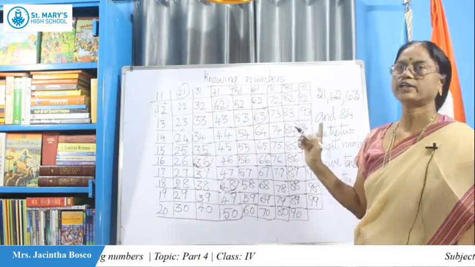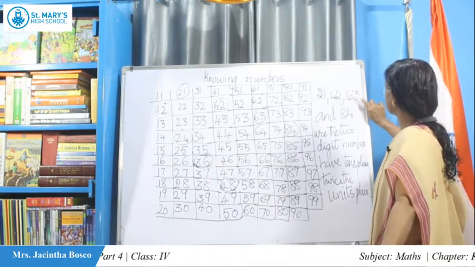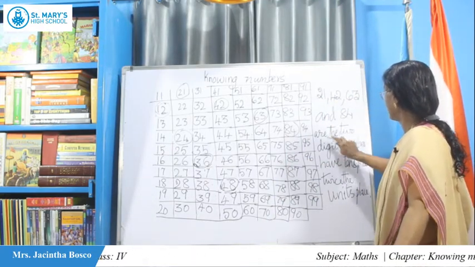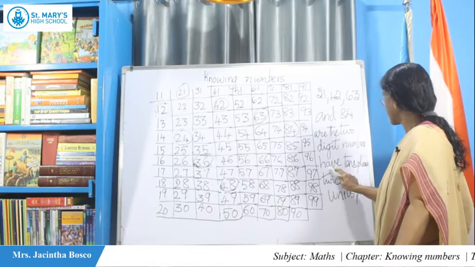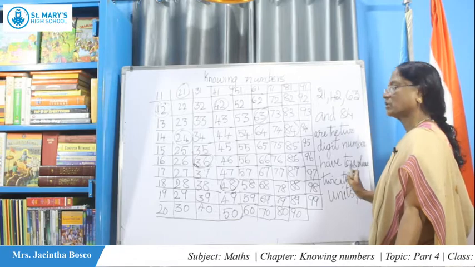Did you finish writing? See once again, 21, 42, 63 and 84 are the 2-digit numbers that have tens place twice the units place.